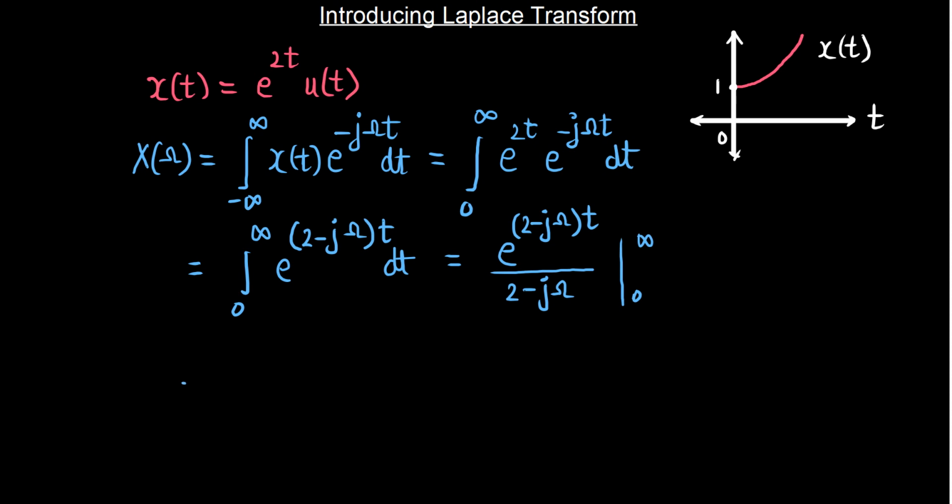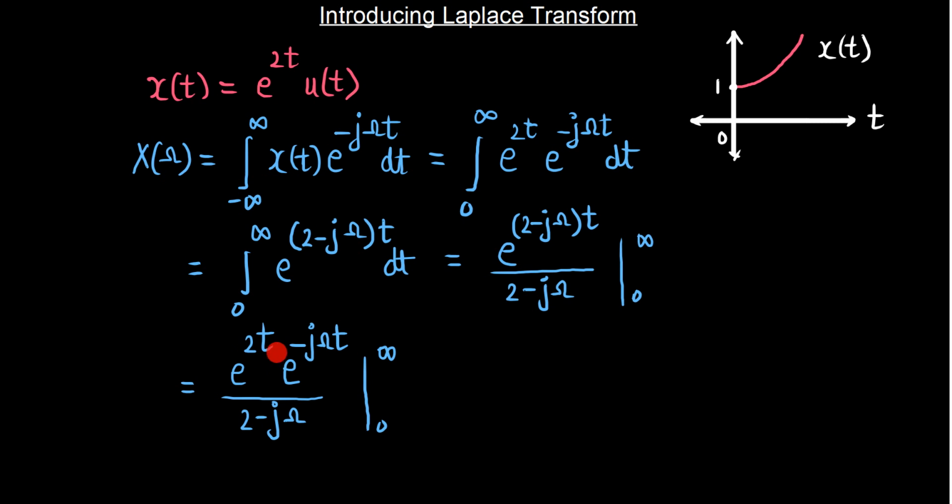If I simplify this further, this is going to be e power 2t times e power minus j omega t divided by the same factor, 2 minus j omega, with the limits from 0 to infinity. Now if you attempt to substitute infinity here, you can see that this term is going to be infinite, and therefore for this complete expression we are not able to find any expression for X of omega.